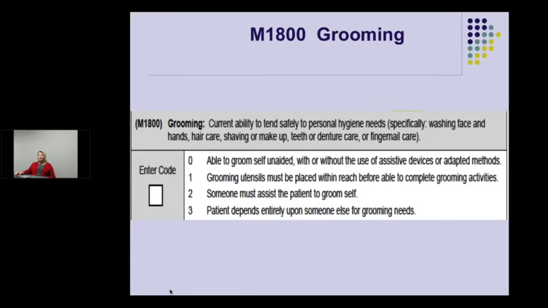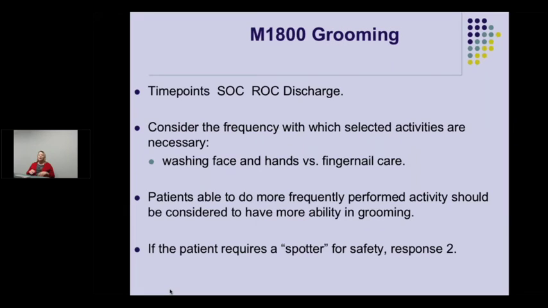M1800 grooming. What is the patient's current ability to tend safely to personal hygiene needs, specifically washing the face and hands, hair care, shaving or makeup, teeth or denture care, or fingernail care? These are marked at start of care, resumption of care, and discharge. You're going to consider the frequency with which selected activities are necessary, such as washing your hands and face.